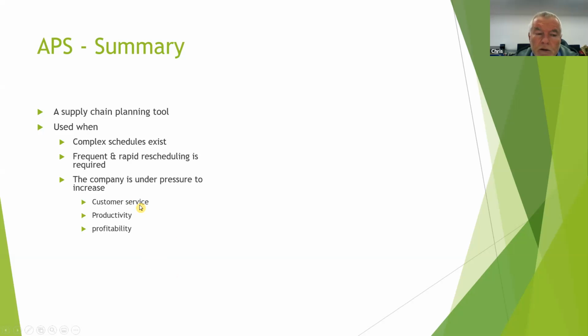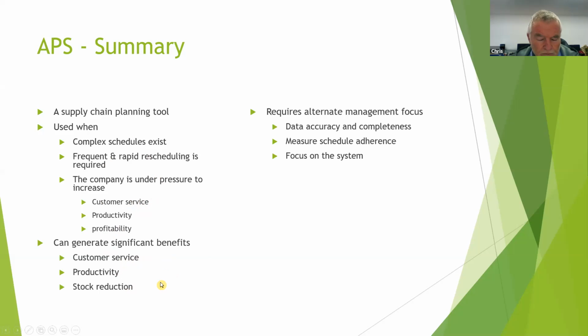Companies under pressure might use an APS if they're trying to improve customer service or productivity, and obviously from that profitability. We can see from a great many case studies, not just the ones we're familiar with, that you will improve customer service productivity and probably reduce stock. But a key issue is it requires alternate management focus around data, schedule adherence, and use of the system.